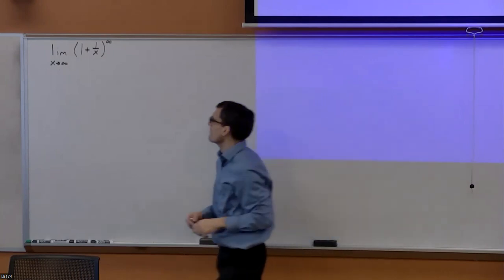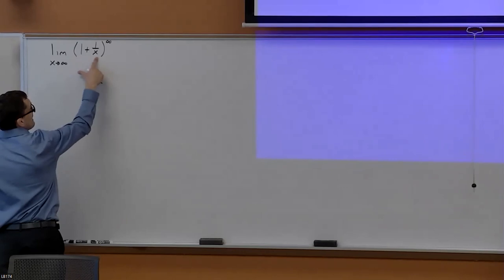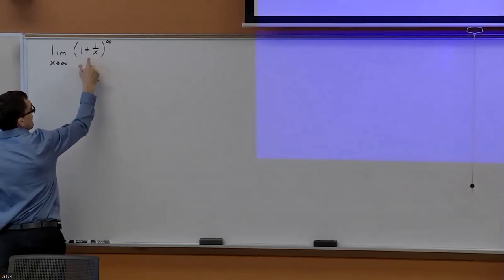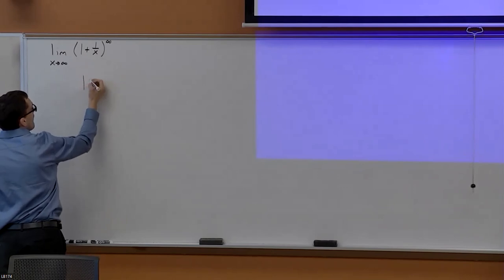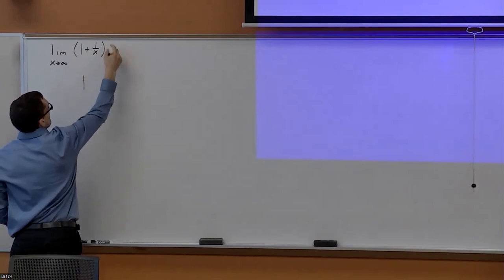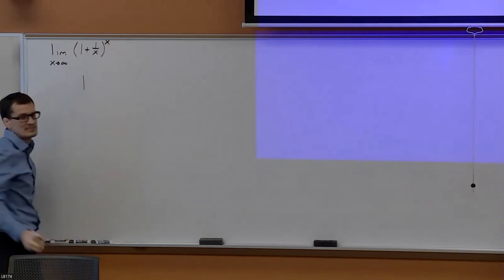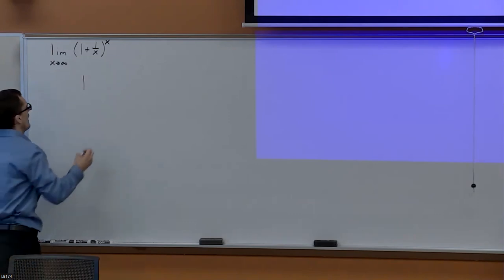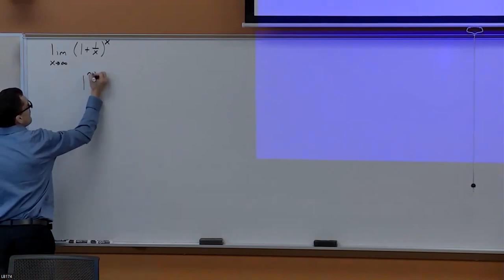So here's the deal. As x goes to infinity, the thing inside the parentheses becomes 1 plus 0. Oh, I'm sorry, that should have been x. My apologies. I miswrote that.